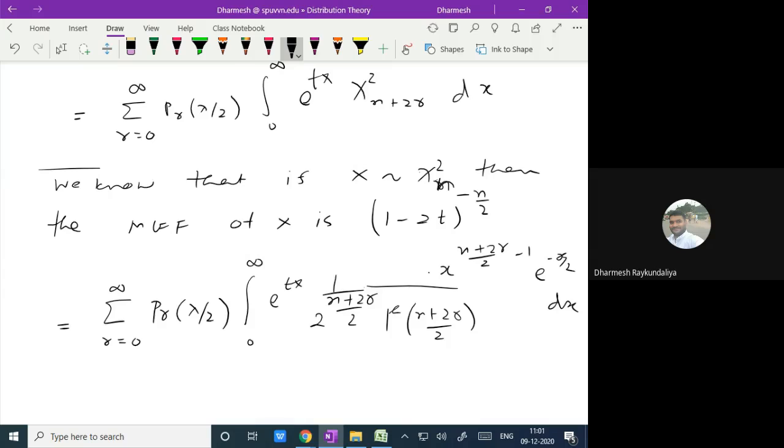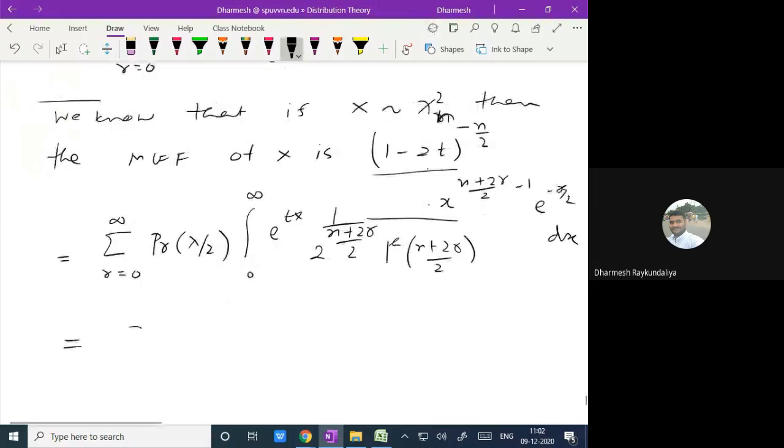So this is the density of a chi-square distribution with n plus 2r degrees of freedom. But we know that the MGF form is the MGF for a chi-square with n degrees of freedom. So here we have a chi-square with n plus 2r.